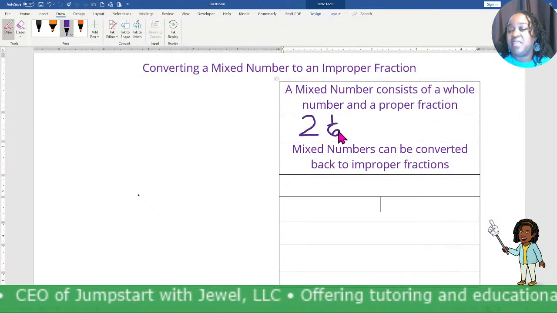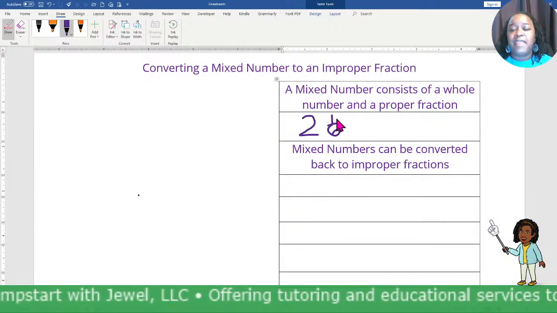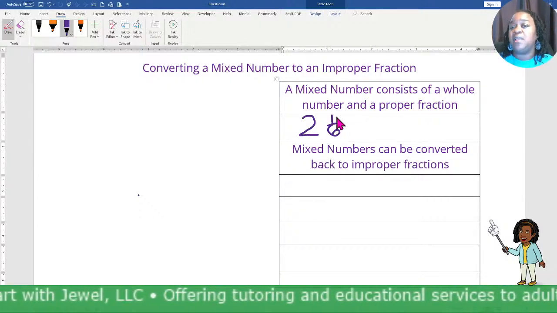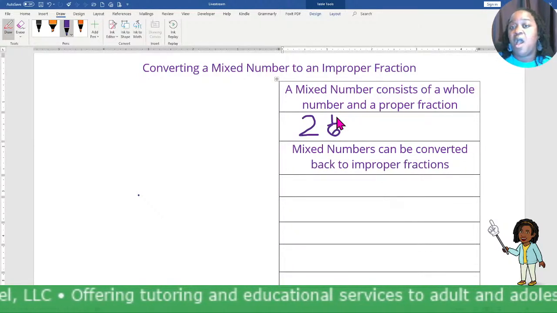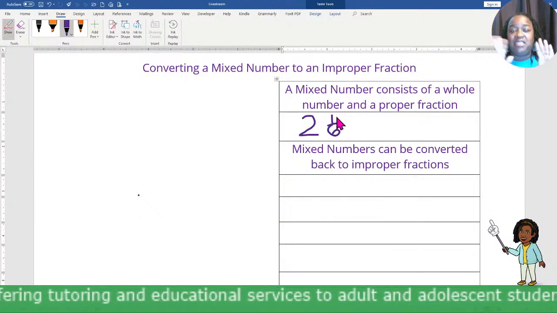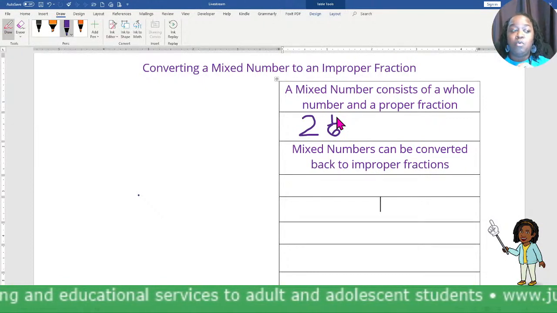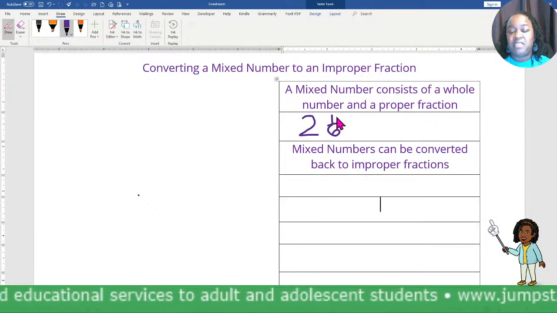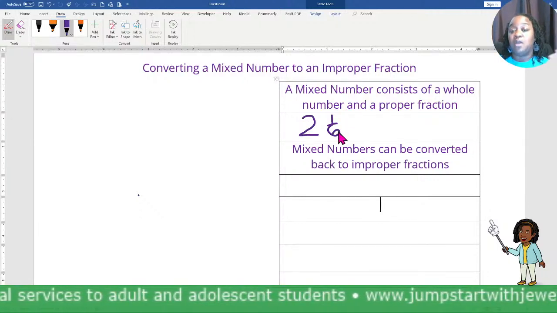The numerator is usually the number of parts that we're counting, the amount of parts that are shaded in, or the number in a group they're talking about. And the denominator is the total number of parts.